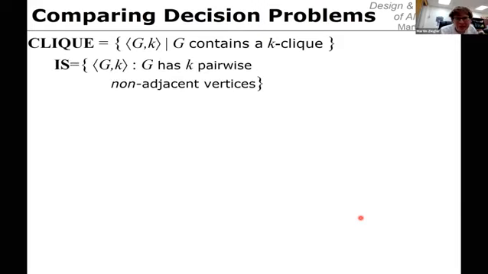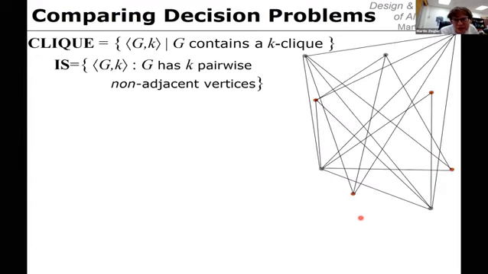So let's recall the Clique problem and the independent set problem, and let's consider some example graph drawings. Here you see a graph with 9 vertices and many edges. I'm not even sure how many.